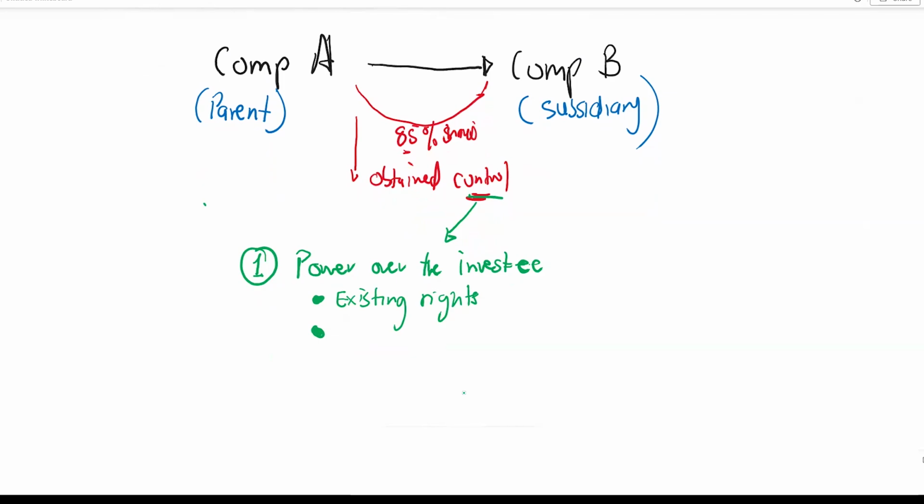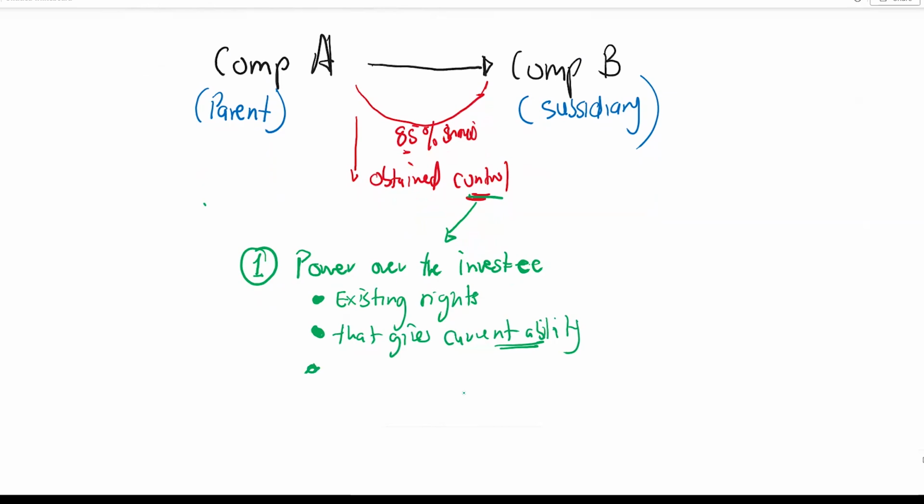That existing right that gives the current ability, existing rights that give current ability. Right? So it's basically like a sentence, but we're cutting it down.